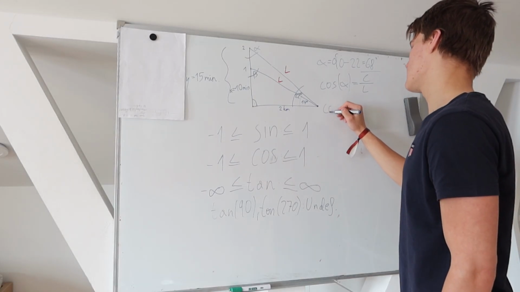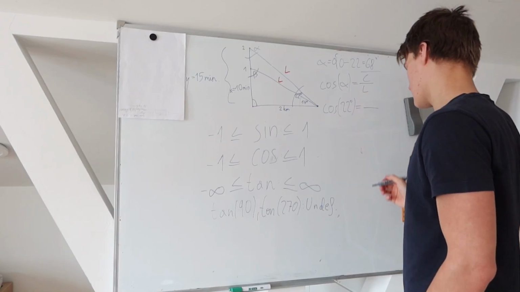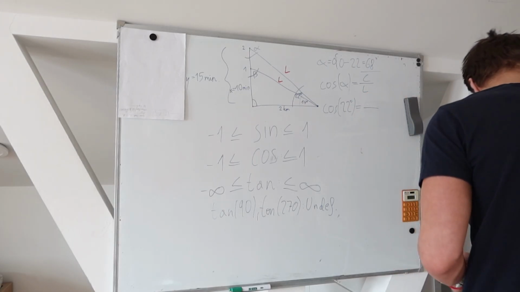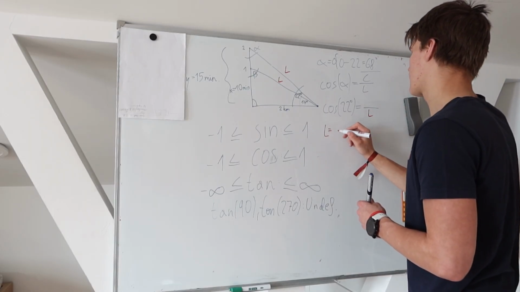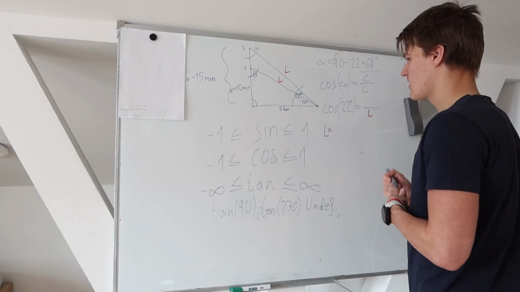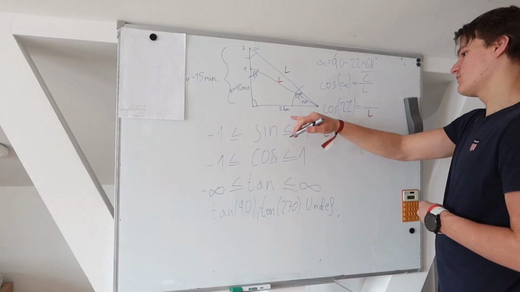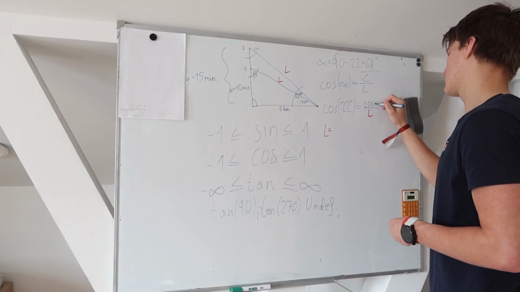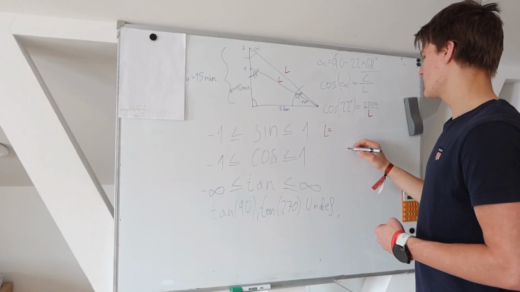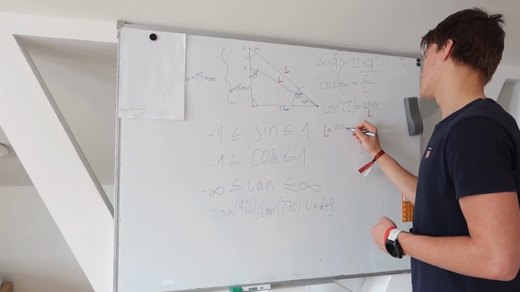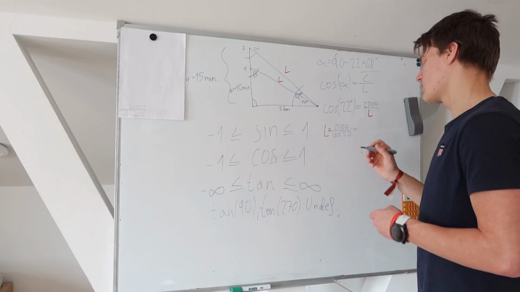So cosine of 22 degrees is the closest side, which is 2 kilometers, so 2000. We do the same thing as before. We get L is equal to 2000 over cosine 22.